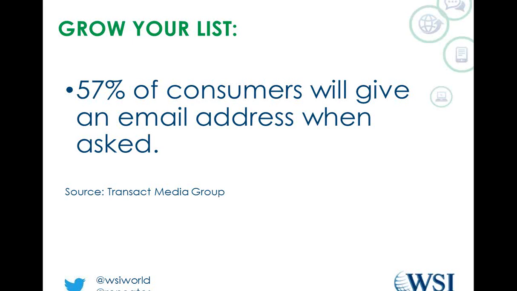Now, I even suggest you archive some of your emails, and if you're not sure how to do this, your WSI person can. Your consultant is an expert at all of this. They're amazing people. So archive some of your emails. That means you make web pages out of them, and then people can actually see what your emails look like before they subscribe. People are way more likely to subscribe if they see what they're going to get first.